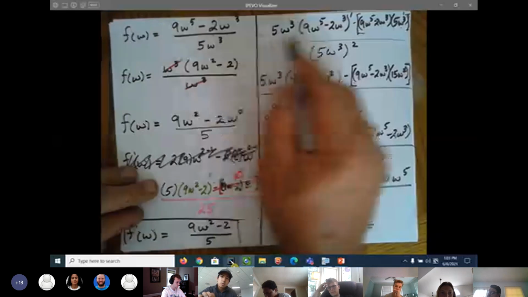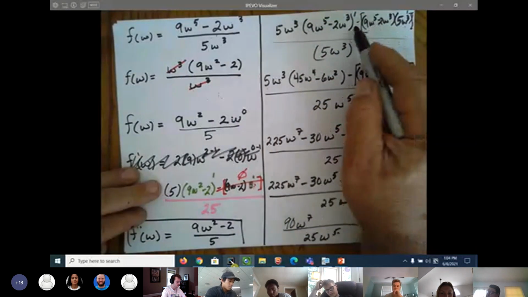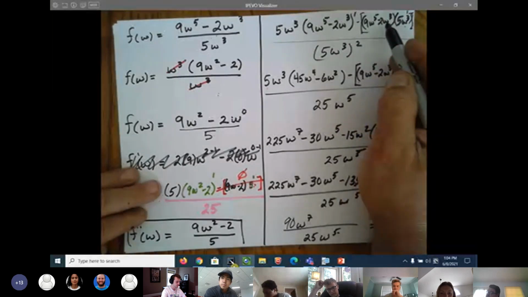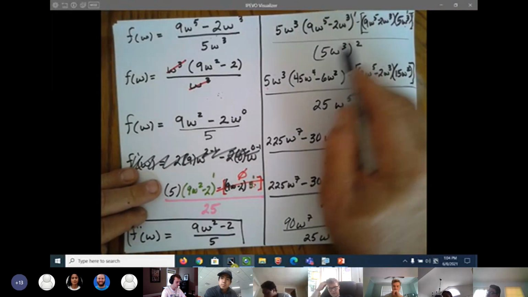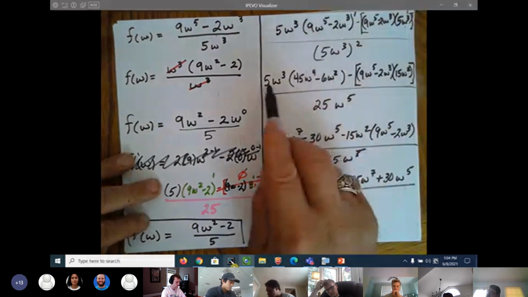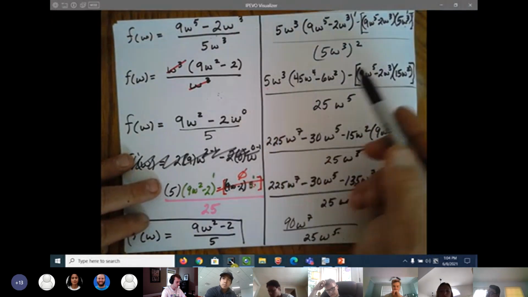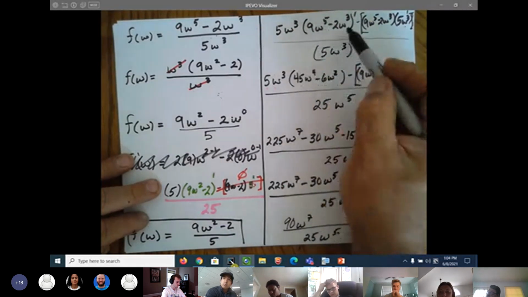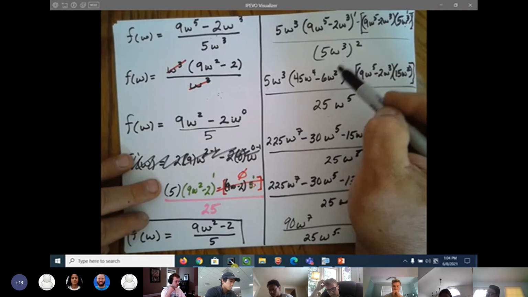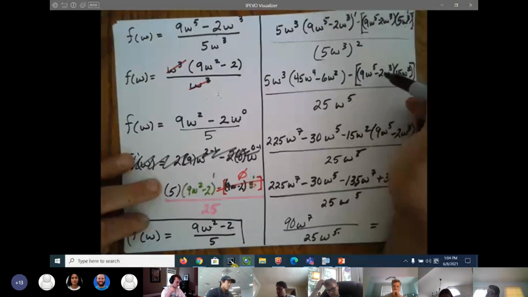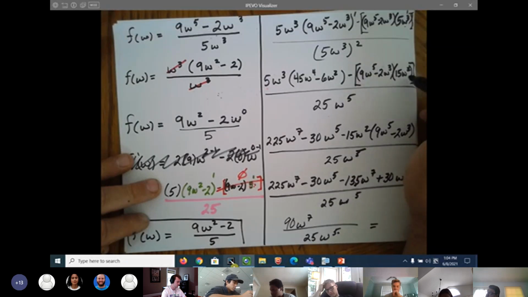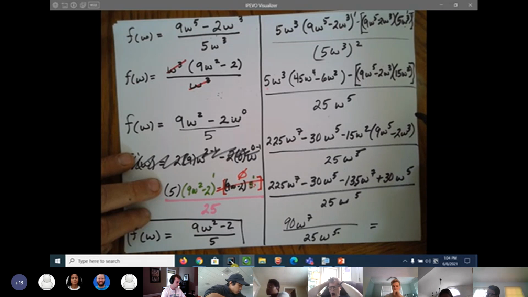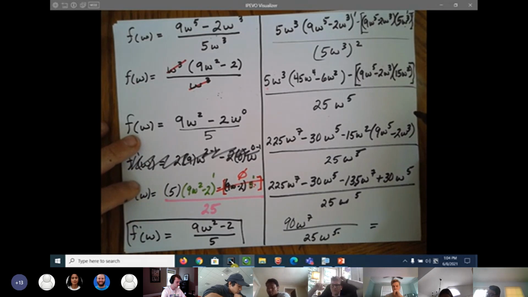Denominator times numerator prime minus the numerator times denominator prime all over denominator squared. 5w squared, and the derivative of this is 45w to the fourth, 6w squared, 9w minus 2w, and that's 15w squared. Whoa, wait a minute, I see it.